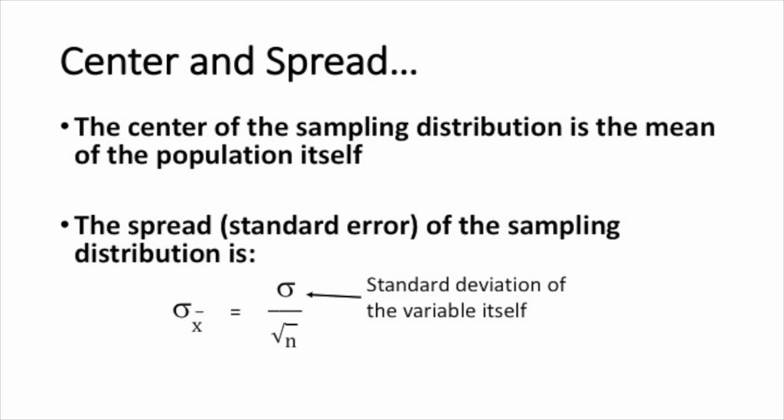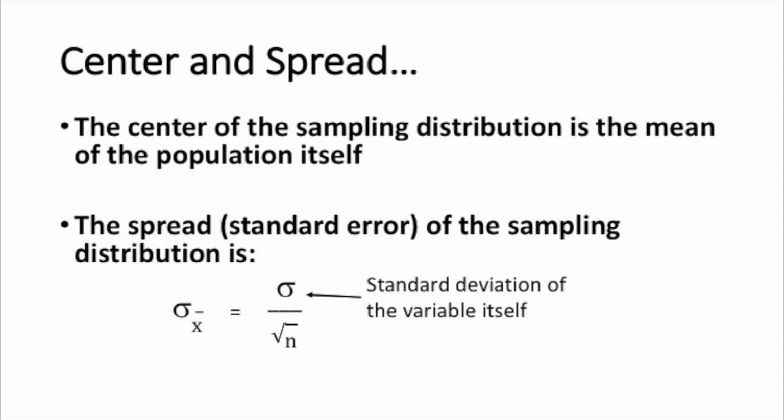Now, let's think about the center and spread of the sampling distribution. Well, the center of the sampling distribution is the mean value of the underlying variable itself. And the spread, which we call the standard error of the sampling distribution, is given by the formula sigma subscript x bar.